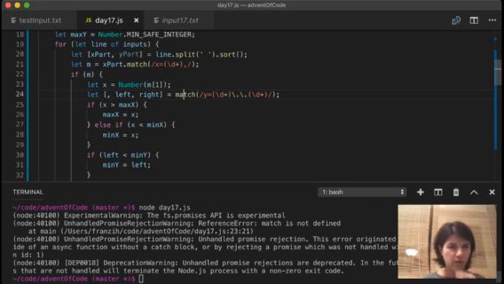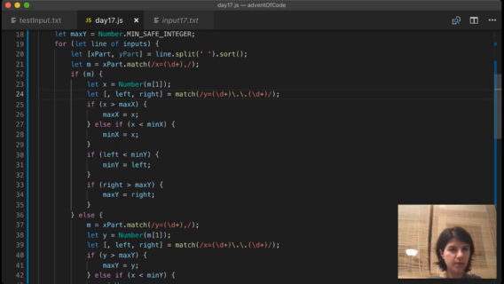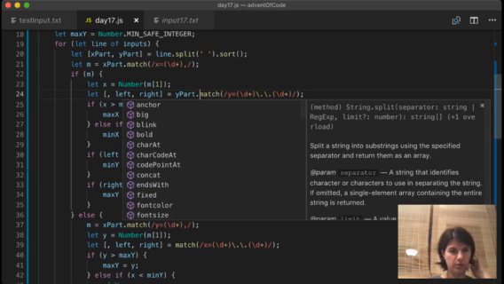Match is not defined. Oh, I need to run match, of course, on, what was I thinking here? This is not right. Why did not anybody say anything? So m is where the first part matches x equals, in which case left and right would be the y part that match.